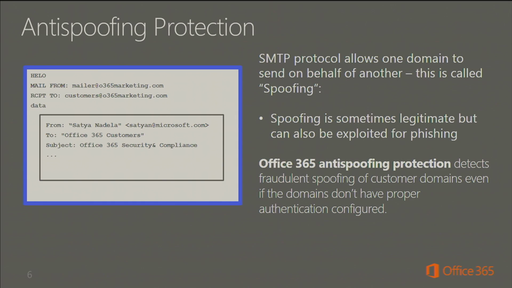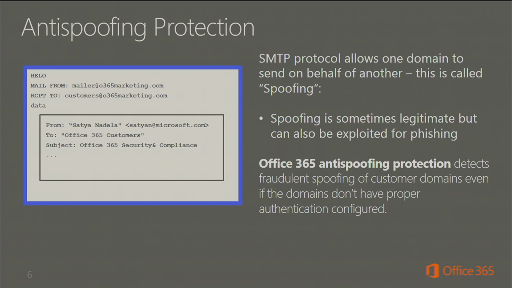So let's talk a little bit about our anti-spoofing protection. Spoofing is when someone sends a message pretending to be someone else. SMTP protocol allows this to happen. And it allows it to happen because you've probably all seen these scenarios where a CEO wants to send a message and the message needs to come from a third-party marketing provider, right?